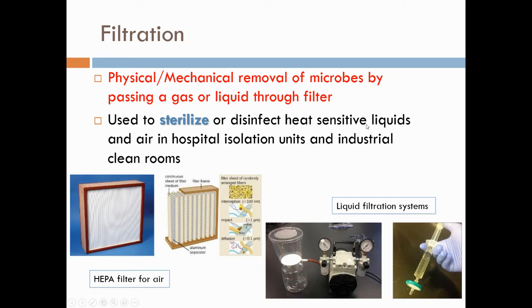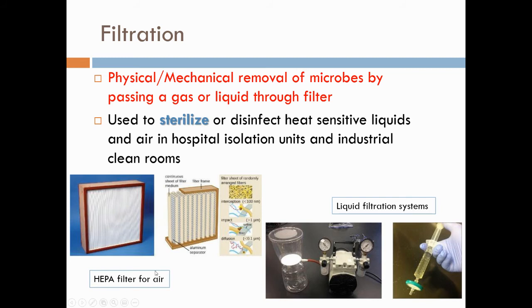And we use this with liquids that are sensitive to heat. We also use this with air systems to filter particles out. Depending on the size of the pores in our filter, we have different levels of filtration.